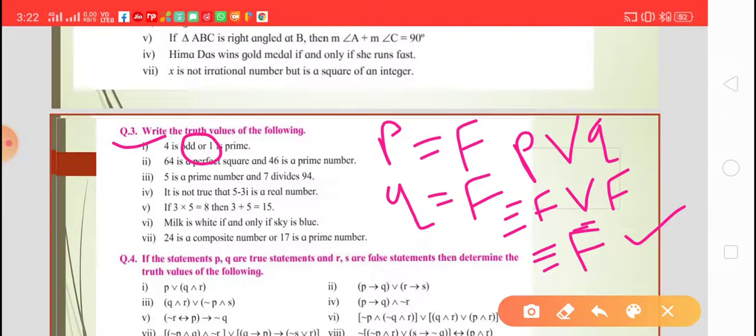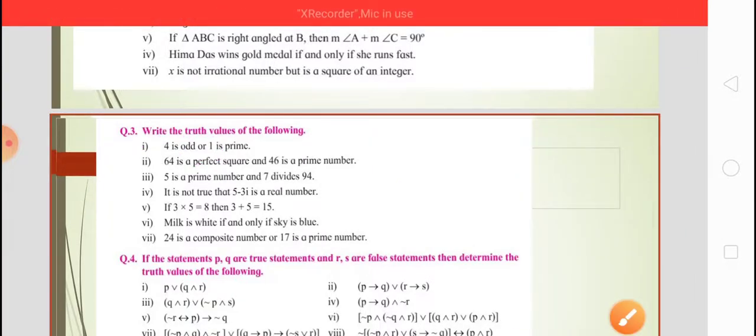Firstly, detect the simple statements, find the truth value for each statement, find the logical connective, and recall the truth table. So let us take the next example.